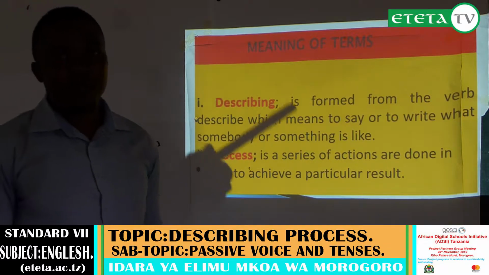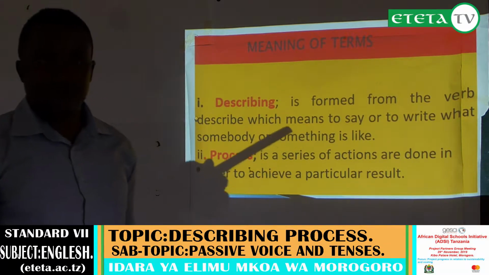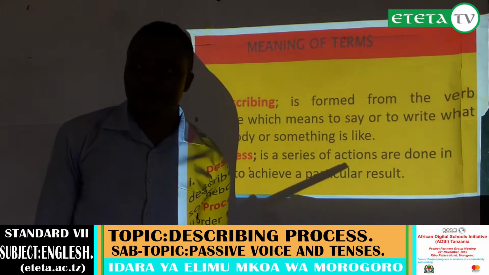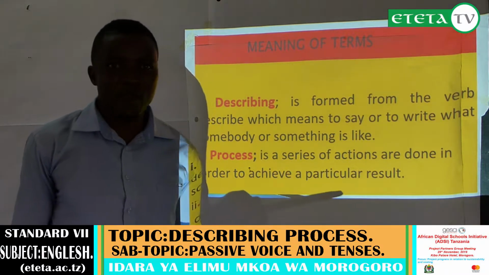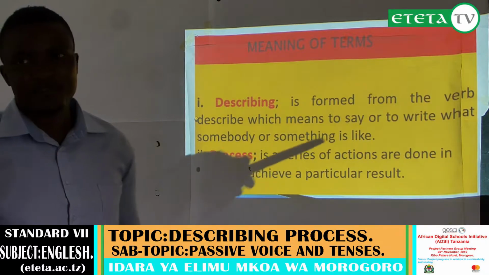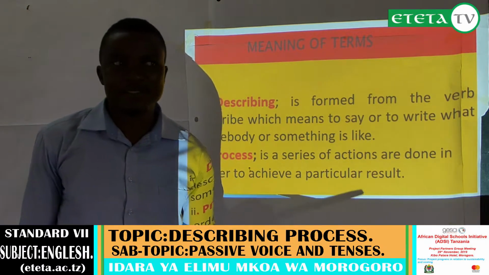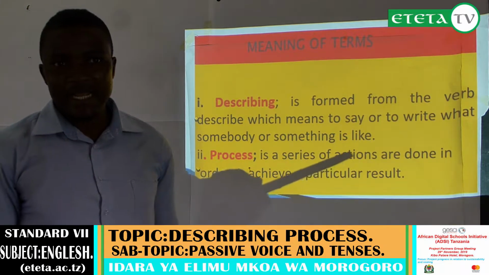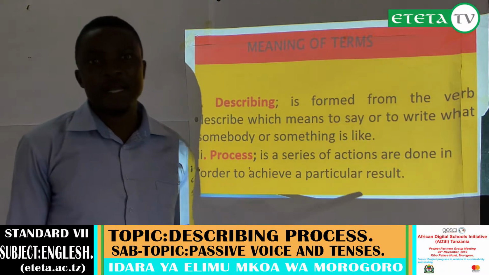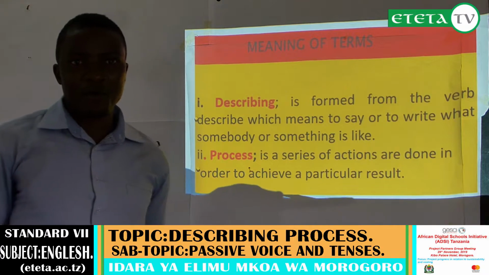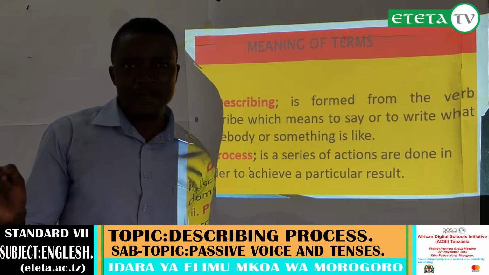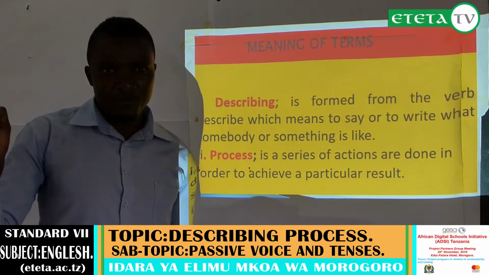The word describing is formed from the verb describe, which means to say or to write how something is. Or sometimes you can say that describe means to tell or to inform someone about information.